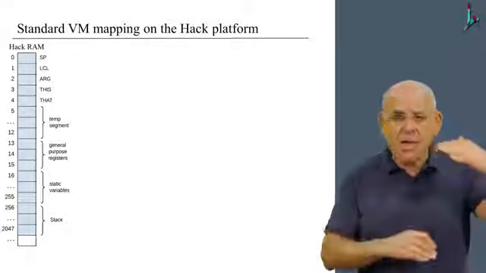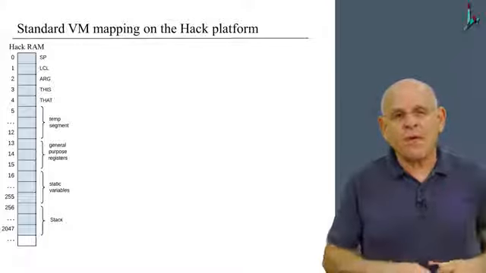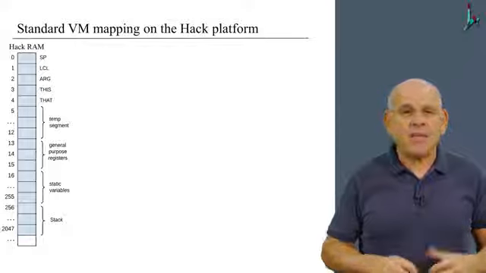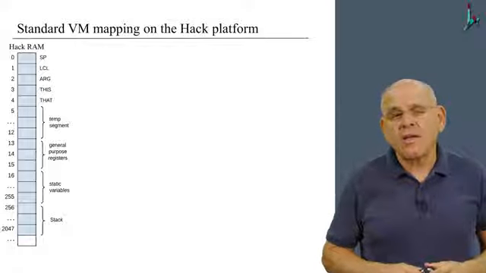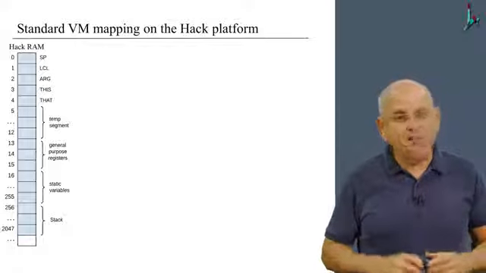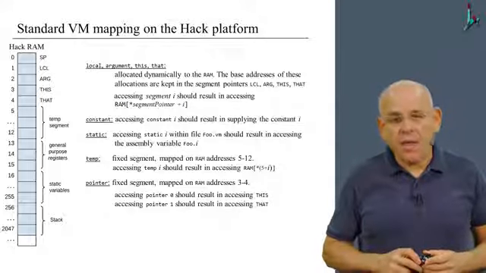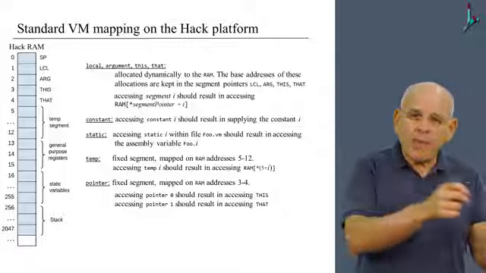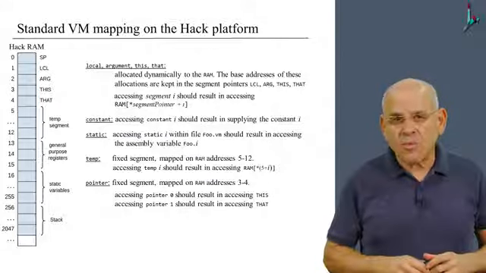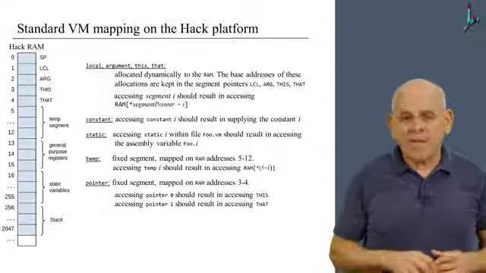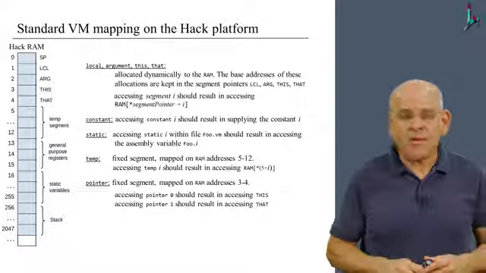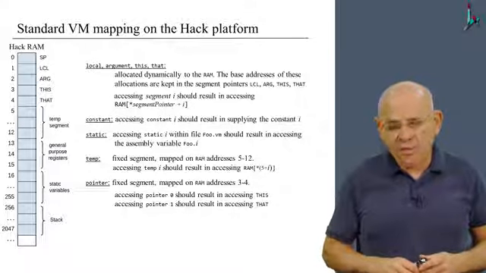And the rest of the memory, all the way up to 2K, is going to serve as the place where we store the stack of the virtual machine. All the segments that we mentioned before are going to be mapped onto this RAM using the logic that you see in this slide. I don't want to read all this; it's something that you can go through yourself.